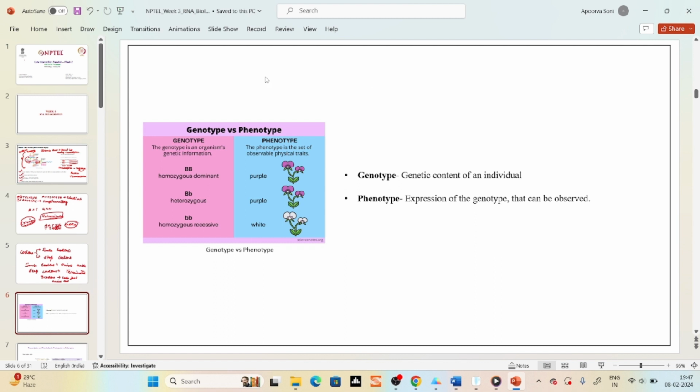So what is the difference between genotype and phenotype? Genotype describes the genetic content of an individual, and phenotype is the expression of that genetic content. For example, if we talk about our genetic content, all the genes are present everywhere.